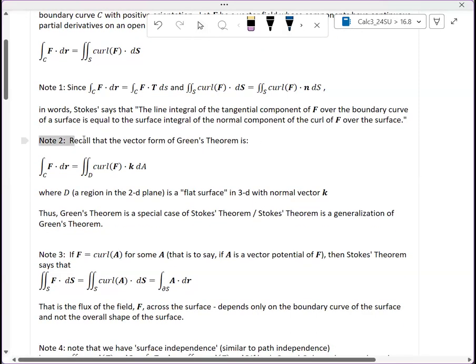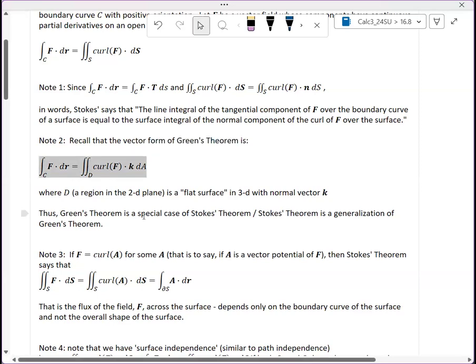Okay, a second note on Stokes'. Recall that we discussed some other forms of Green's theorem other than the P dx plus Q dy form. And in particular, one of those forms looked like this.